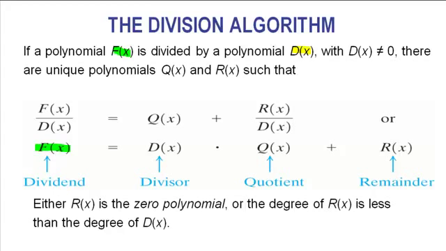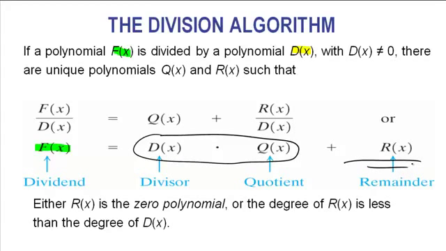So here's our product, the d times q that we had from the previous slide, and then we just add in this remainder. And sometimes the remainder is 0, as we saw before. We had x squared plus 4x plus 3 equal to x plus 1 times x plus 3, plus 0. No remainder.